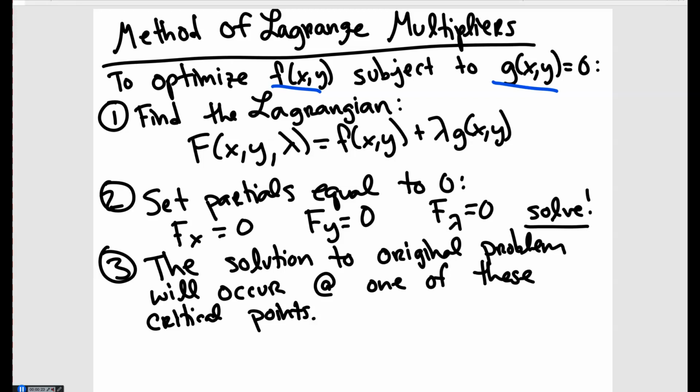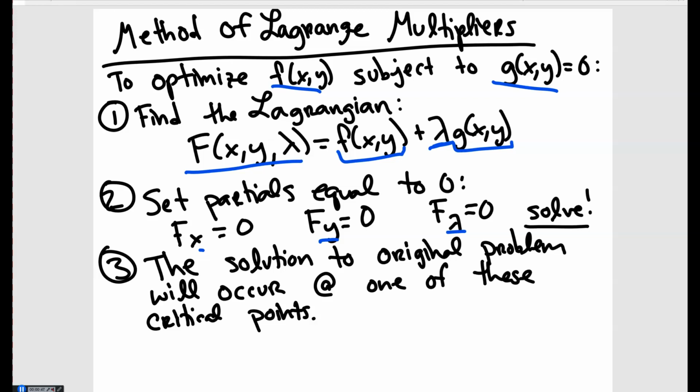The first thing that you want to do is find the Lagrangian, which is basically a combination of f of x comma y and g of x comma y with this lambda multiplied to g of x comma y. The second step is to set all your partial derivatives. So take the partial derivative of this function with respect to x, y, and lambda and set them equal to 0, and you're going to solve for them.